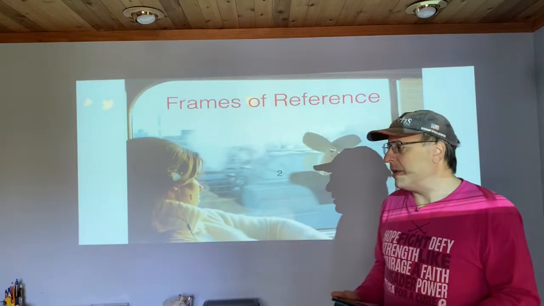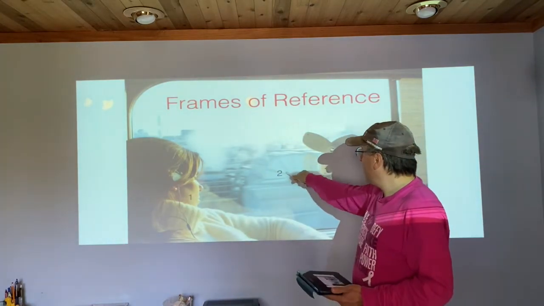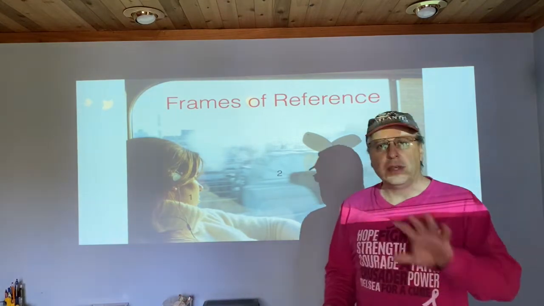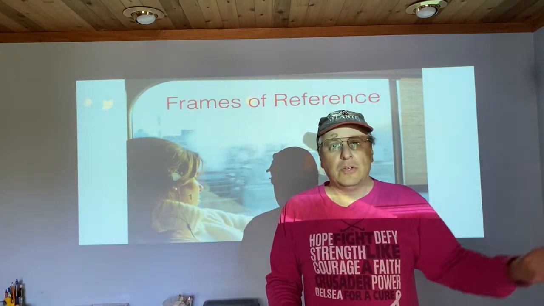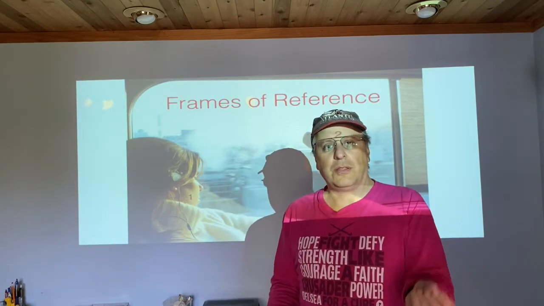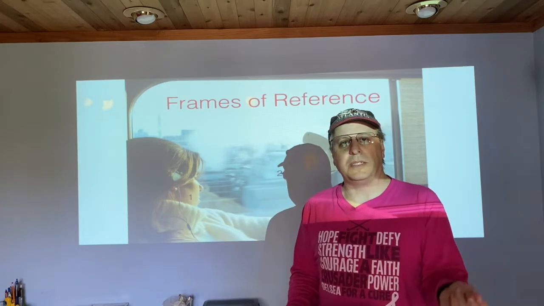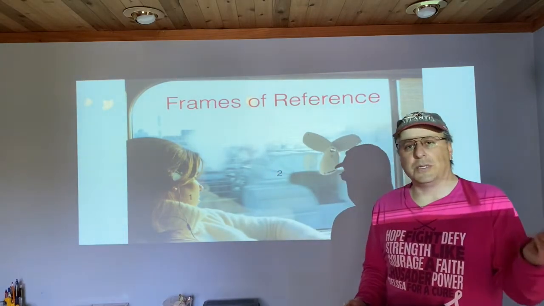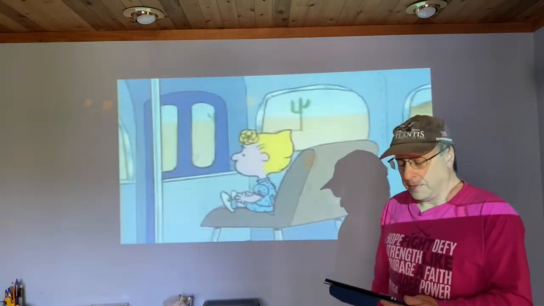In her frame of reference, this is not moving. Someone on Earth looking at the solar charger, they would see that moving to the right along with the rest of the train. So their truth depends upon their frame of reference. Their measurements, their description of what's happening depends upon their frame of reference.